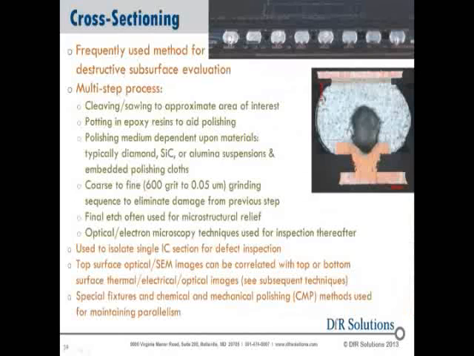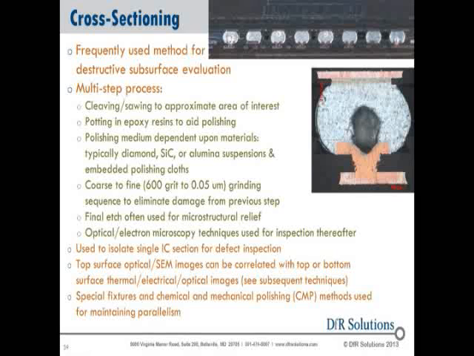Okay, one of the most frequently used techniques is cross-sectioning. This is where we use a diamond saw and specifically cut into a device at a specific plane and depth, and then polish it up so we get a good, clean surface that we can inspect under a microscope and look for various flaws, such as the oversized void we see in this ball grid array solder joint here.